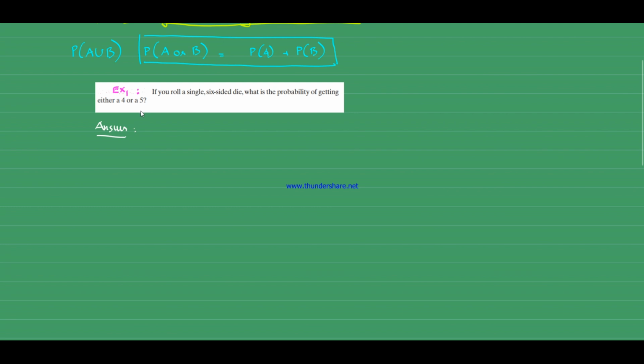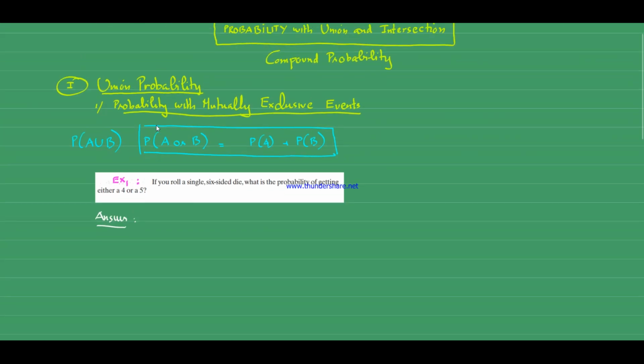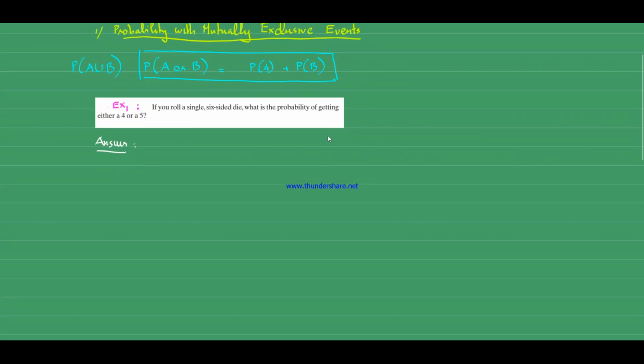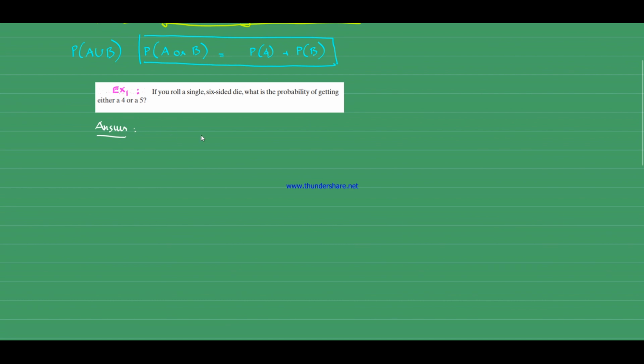These two events don't have anything in common, because there's no way you roll a die and come up with 4 and 5 at the same time. So they are mutually exclusive.